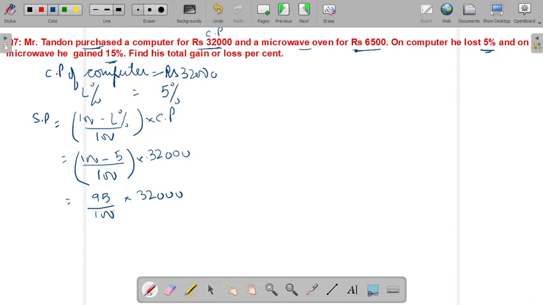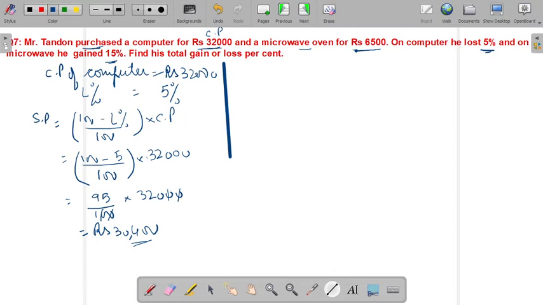Now solve it. So after solving it, 95 multiply 320. So you will be getting rupees 30,400. So this is the selling price of computer.